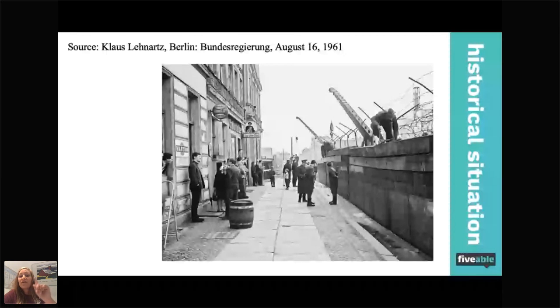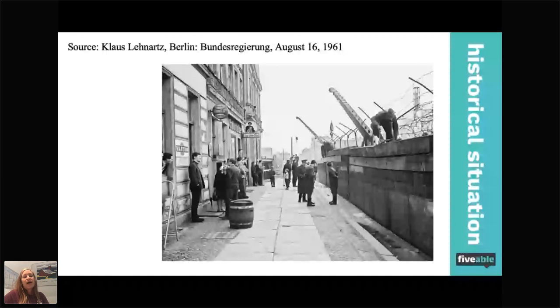Anybody know what that event was in 1961? We'll see if we really know the Cold War. Nailed it! Cuban Missile Crisis. So that's something that also plays into this historical context.